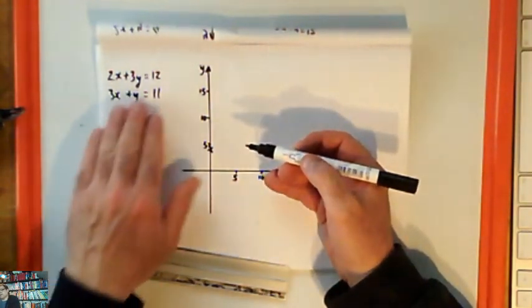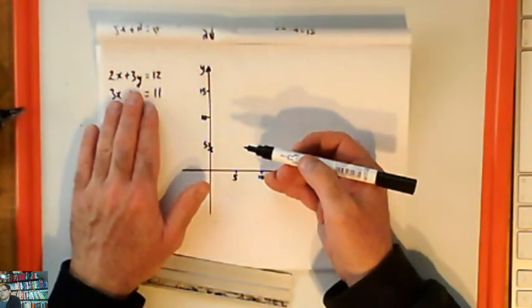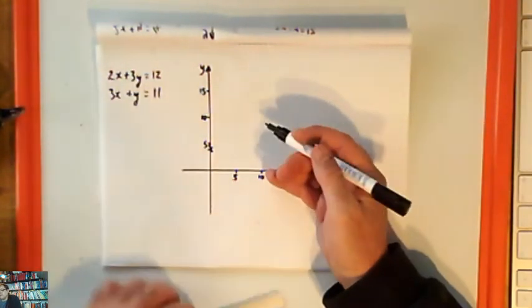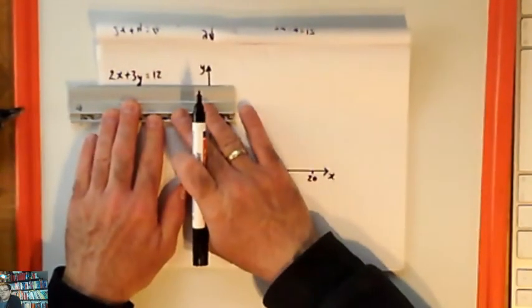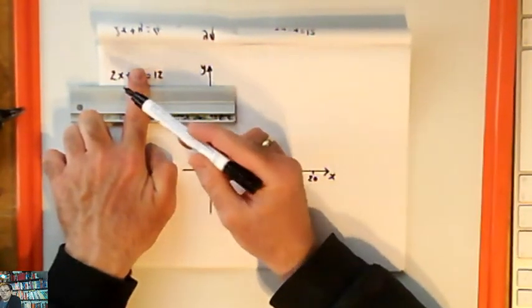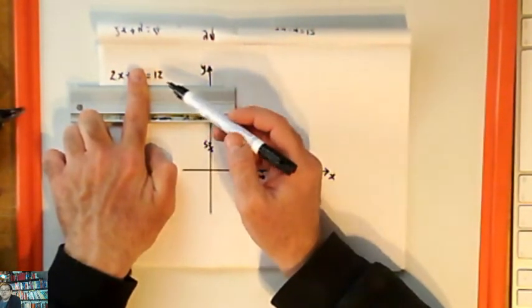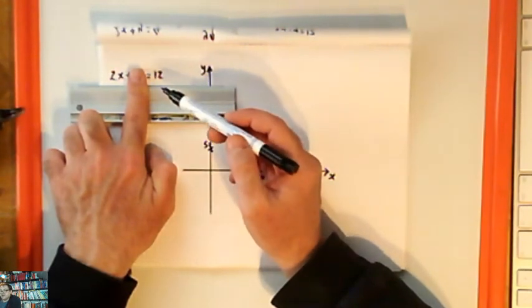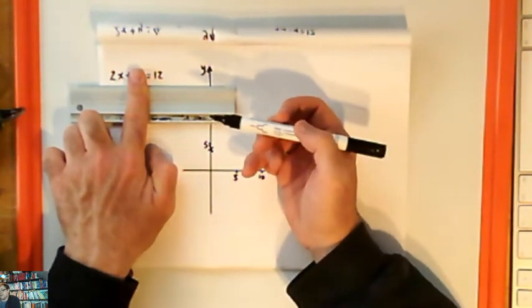Now I'm going to think in the first equation about what happens when y is 0. So in the first equation, if y is 0, then that middle bit disappears and you're left with just 2x equals 12. 2x equals 12, so x would have to be 6 to make that balance.